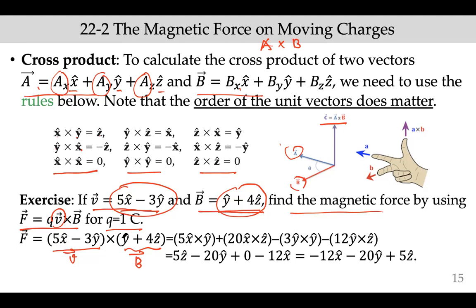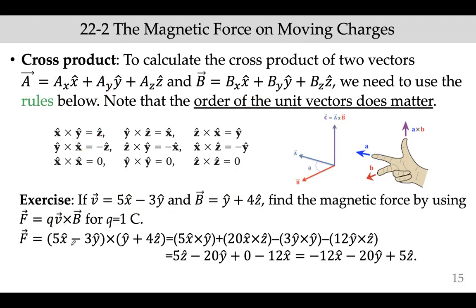Now what we are going to do is we will distribute like this and then multiply these and these. Well, we will do not multiplication, but cross product. Okay. So the numbers are multiplied. 5 times 1 is 5. And so from here we will have x hat cross y hat.